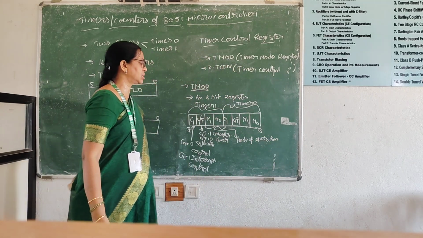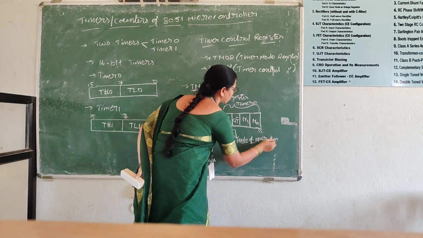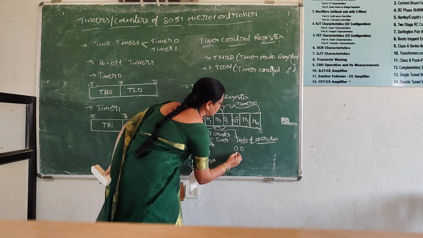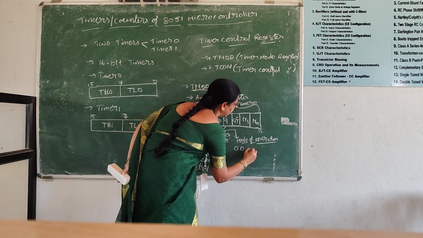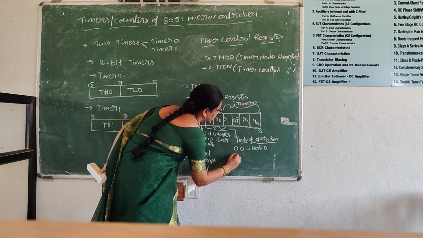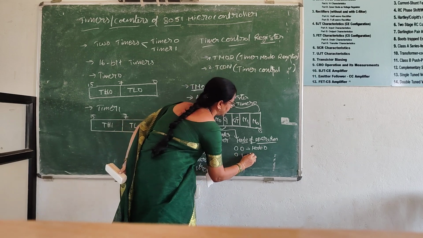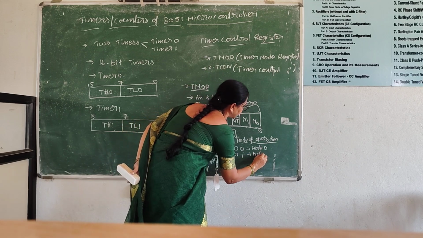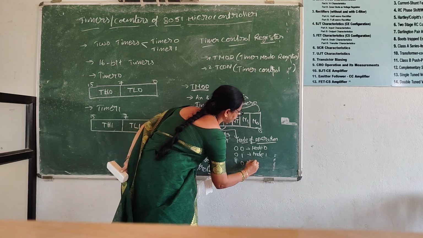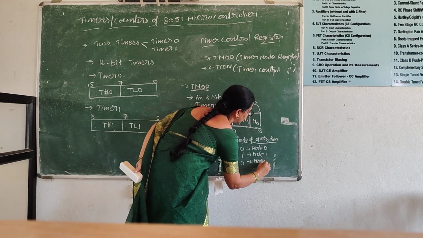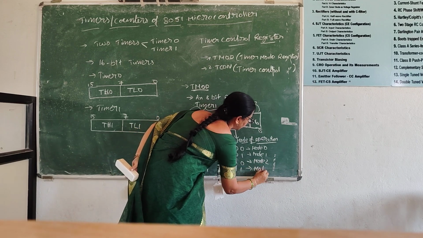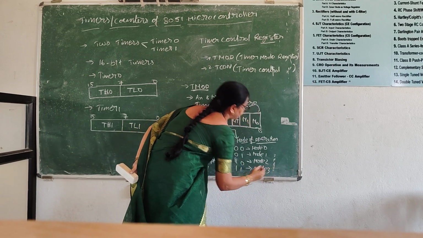There are 4 modes. If M1 M0 is 0 0, that is mode 0. If the bits are 0 1, mode 1. If the bits are 1 0, mode 2. 1 1, mode 3.